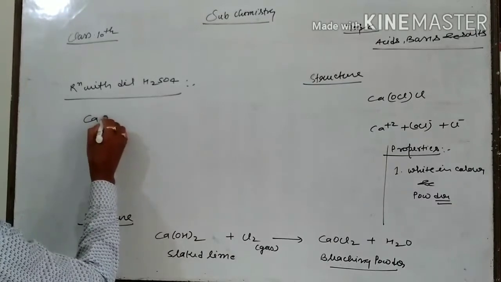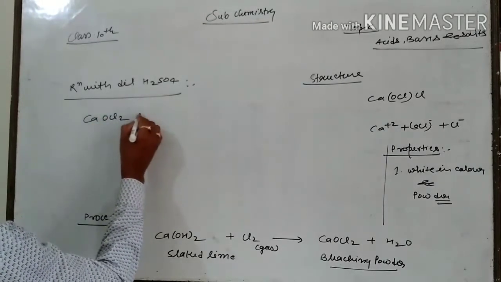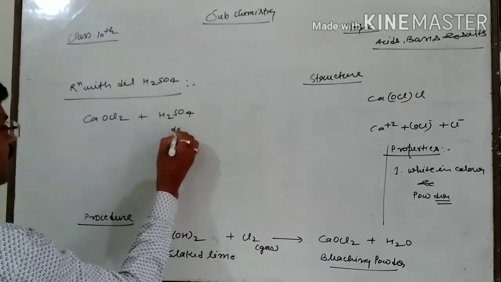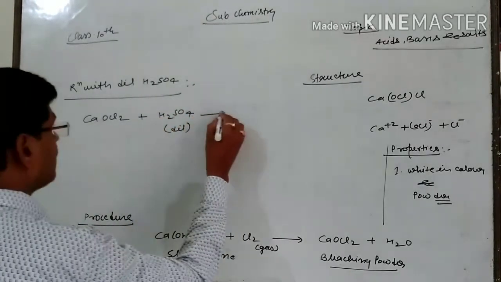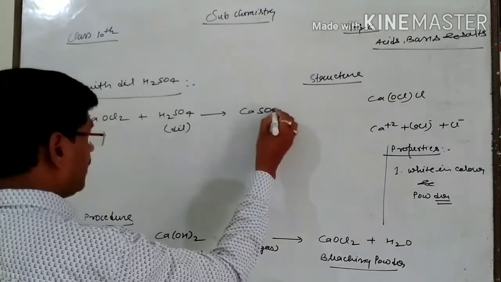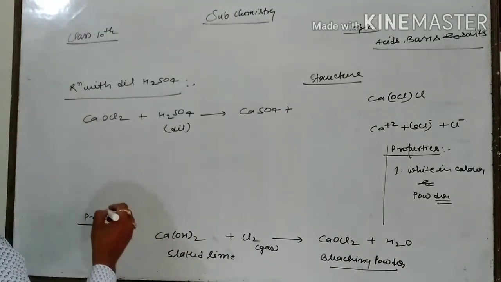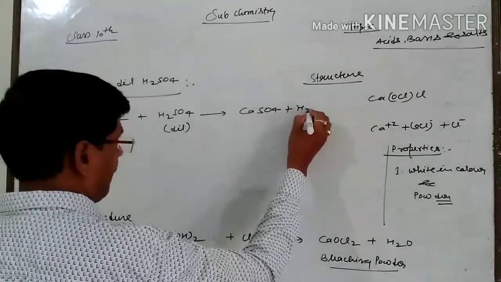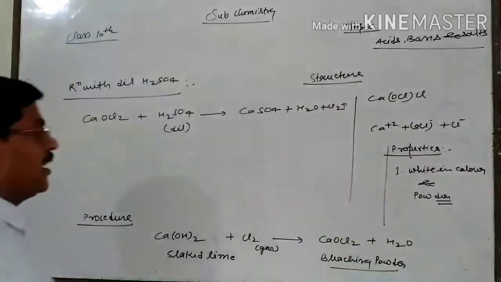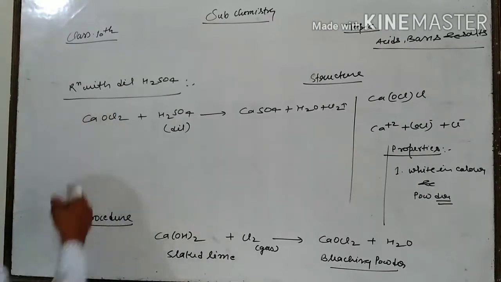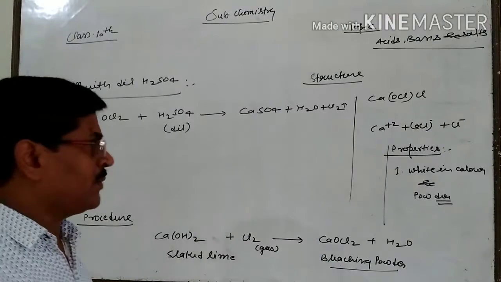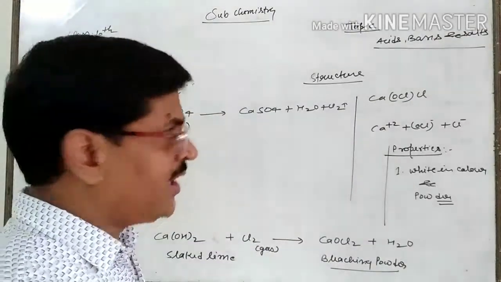You react CaOCl2 plus dilute H2SO4, and it will give CaSO4, calcium sulfate, plus H2O plus Cl2 gas. It means bleaching powder reacts with dilute H2SO4 and gives calcium sulfate with formation of water and liberates chlorine gas.